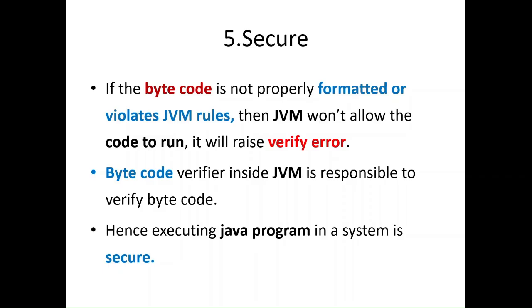If that particular .class file or bytecode violates any JVM rules, it throws an error. So the bytecode verifier and the JVM are always responsible for checking the bytecode before it is executed. So we can say Java is secure. Hope you got it.